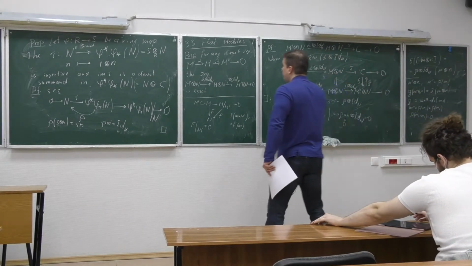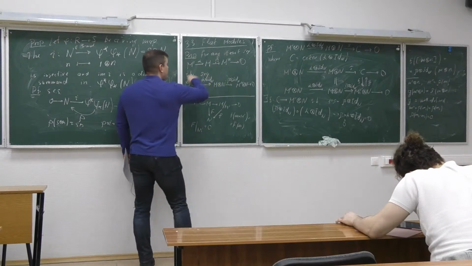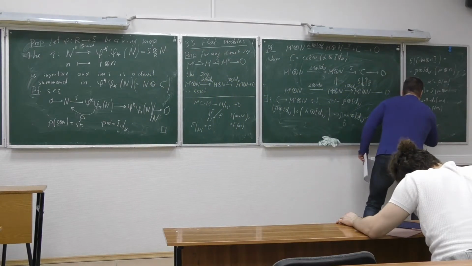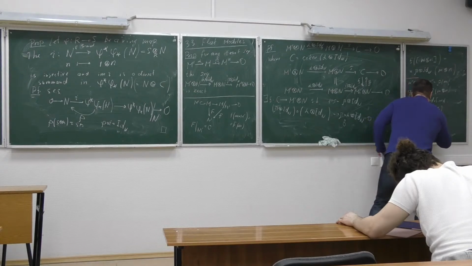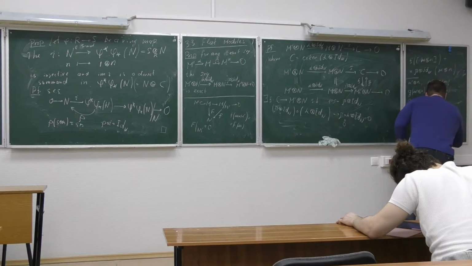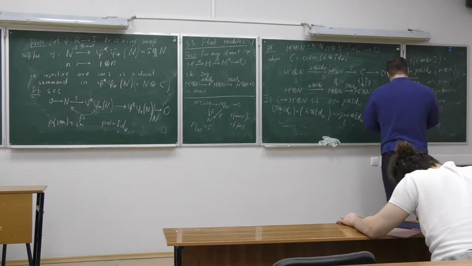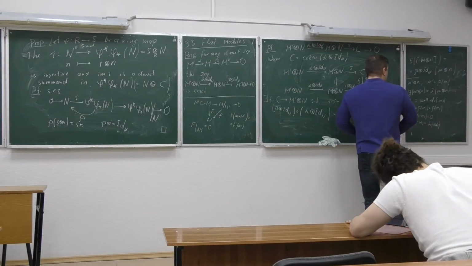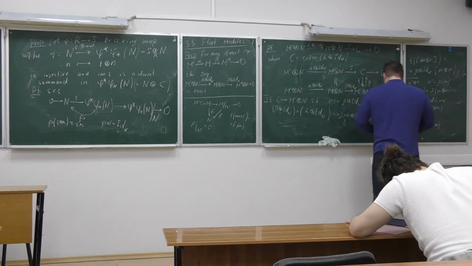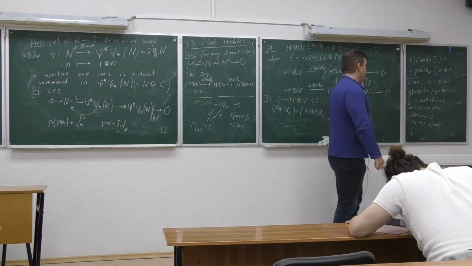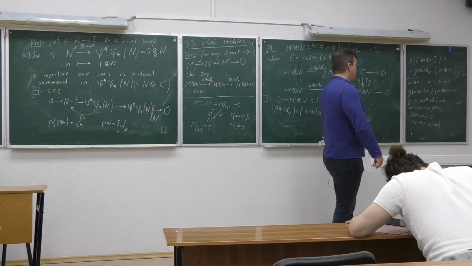Now, if beta of some element is 0, this is alpha of something. So M1 minus M2 is alpha of some M prime.